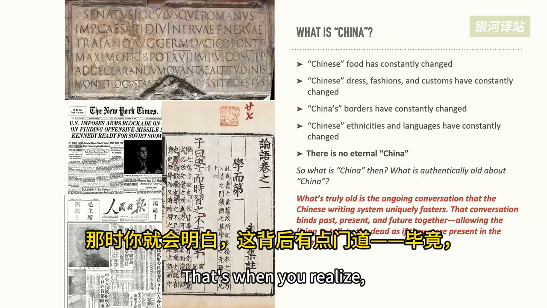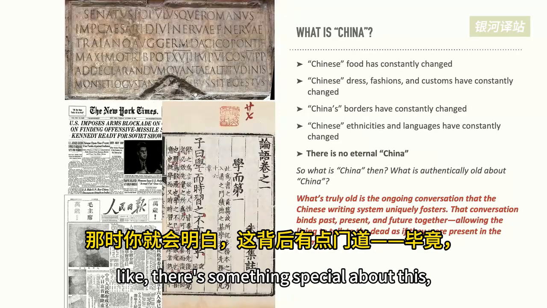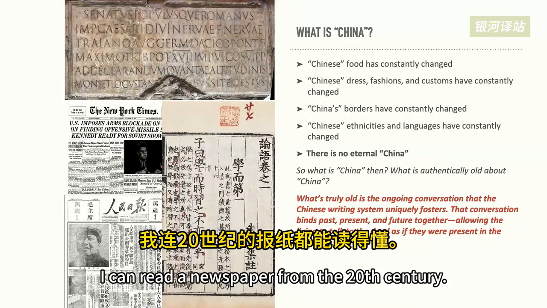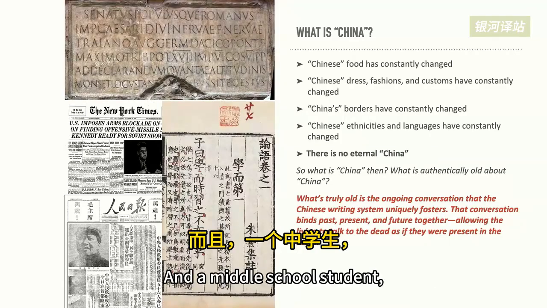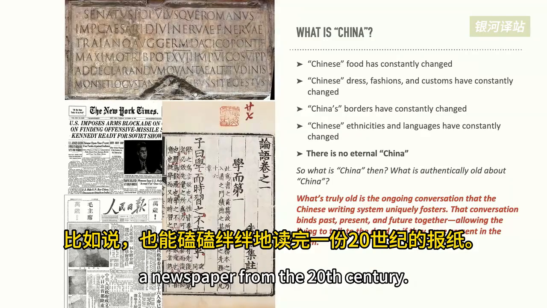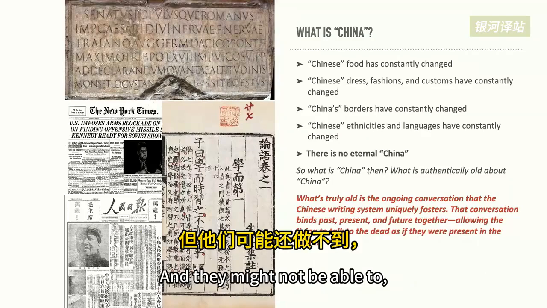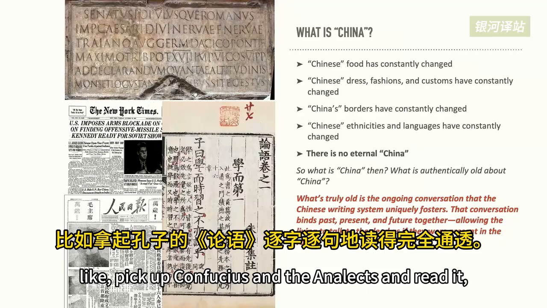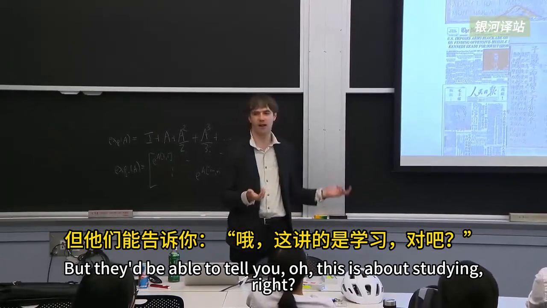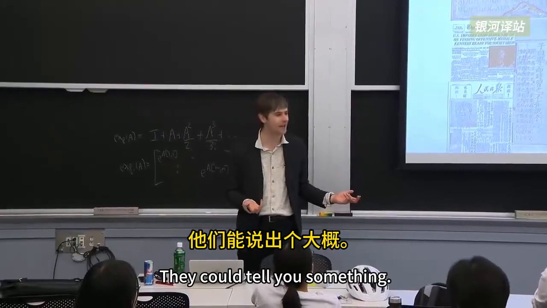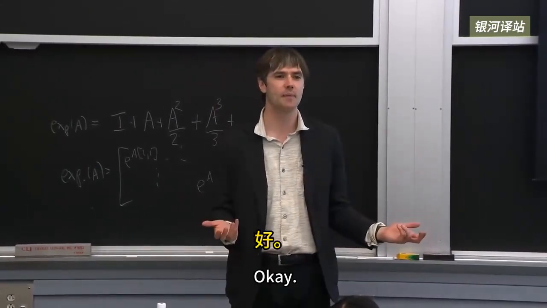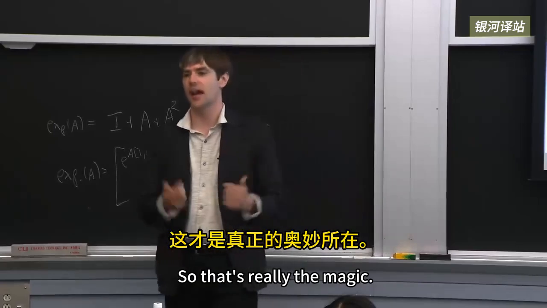That's when you realize there's something special about this, because I can read a newspaper from the 20th century, and a middle school student can make their way through a newspaper from the 20th century, and they might not be able to pick up Confucius in the Analects and read it letter perfectly, but they'd be able to tell you, oh, this is about studying, right? They could tell you something. They'd say, I recognize it's about studying, it's about this, okay?